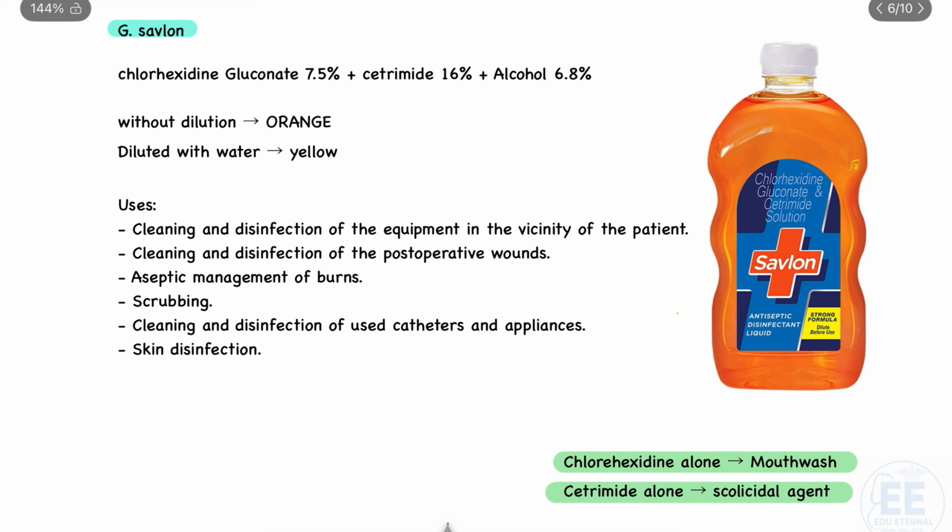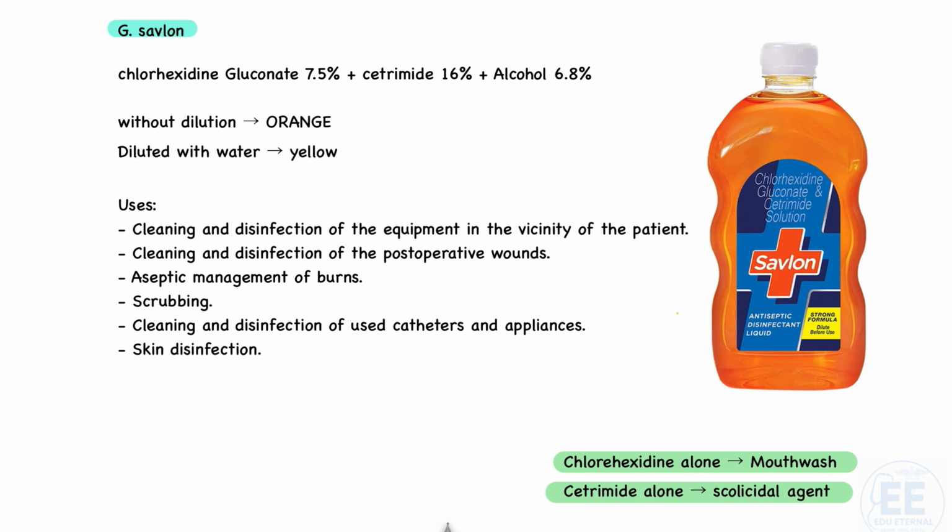Next is Savlon. Savlon is made up of chlorhexidine gluconate 7.5% plus cetrimide 16% plus alcohol 6.8%. Without dilution, its color is orange, and if we dilute it with water, it gives a yellow color.